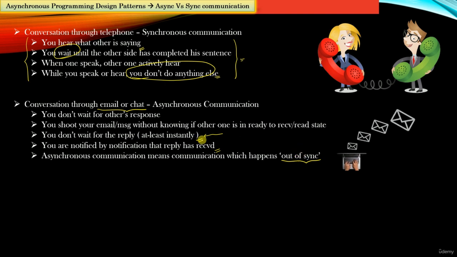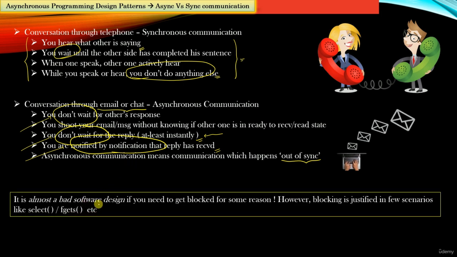And you find the elements of asynchronous communication here: you don't have to wait for the other to complete his response or anything else. You don't have to wait for the reply. You are notified by a notification that the reply has been received. So you can see the elements of asynchronous programming or the asynchronous mode of communication.